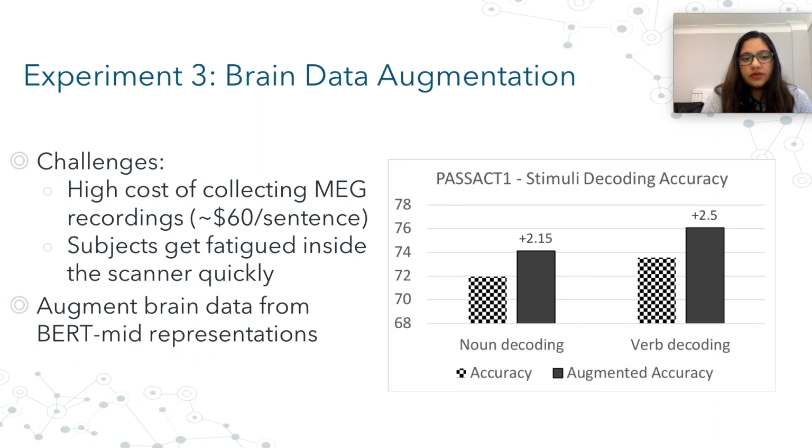The deep neural network model representations are then transformed using a linear ridge regression model into brain activity. We test the quality of such transformation by doing a noun decoding and verb decoding task in the brain activity region. What we find is that there is at least an increment of 2% in accuracy by doing this kind of brain data augmentation.